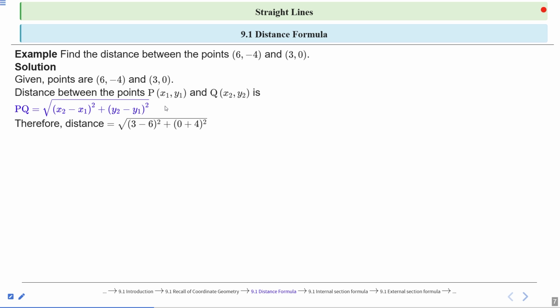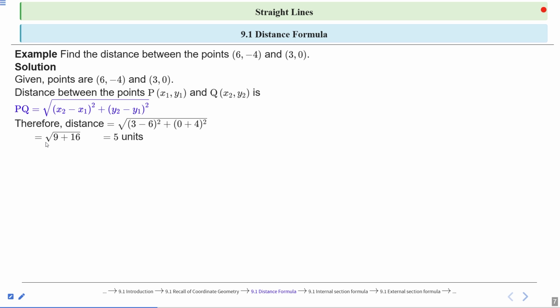By substituting x1 comma y1 equal to 6 comma minus 4 and x2 comma y2 equal to 3 comma 0, we obtain the distance between P and Q as square root of (3 minus 6) whole square plus (0 plus 4) whole square.